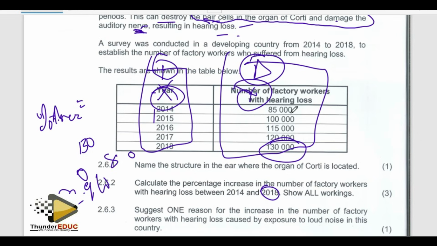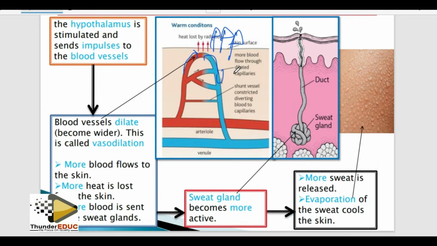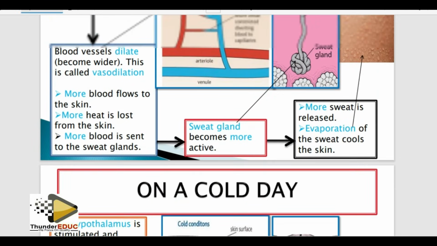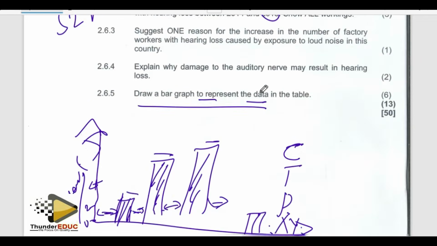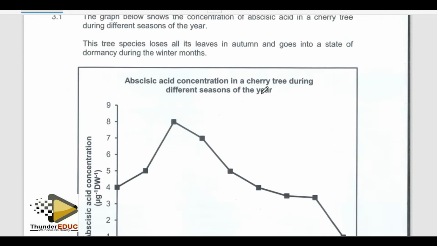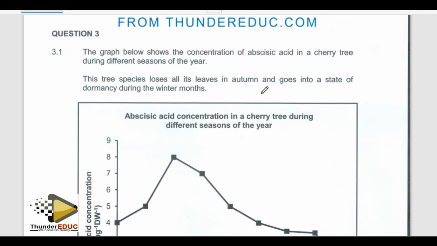Maybe you're going to start from 5,000, 50,000, 100,000, something like that. Or you will see the best scale you can use. So that is the question. Hope I'm clear there. Let's go to the next question.